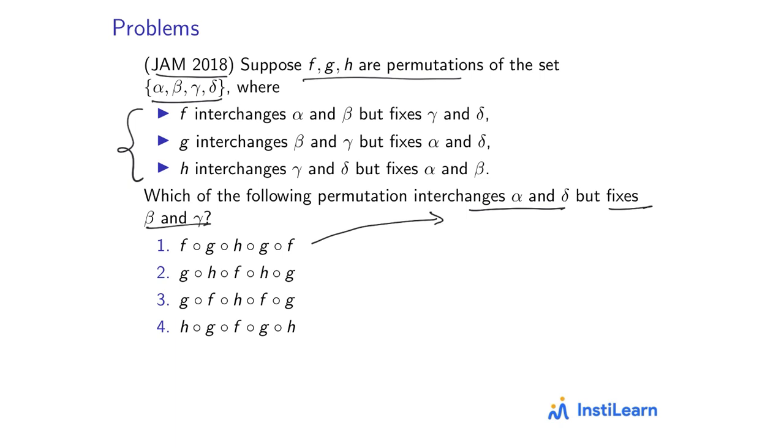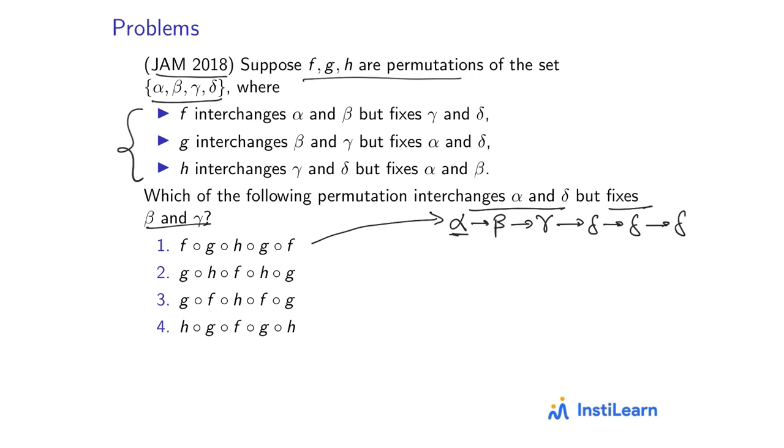So let's take this first permutation. What is happening to alpha? Under F, alpha is going to beta because F interchanges. Then under G, beta is going to gamma. Then under H, gamma is going to delta. Then under G, delta is going to delta, and then under F, delta is going to delta.